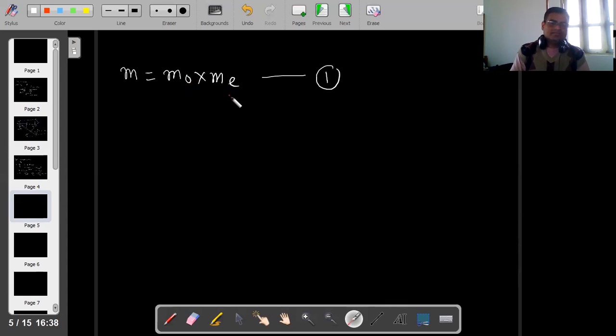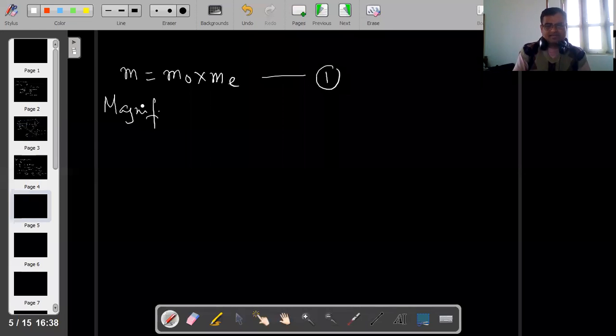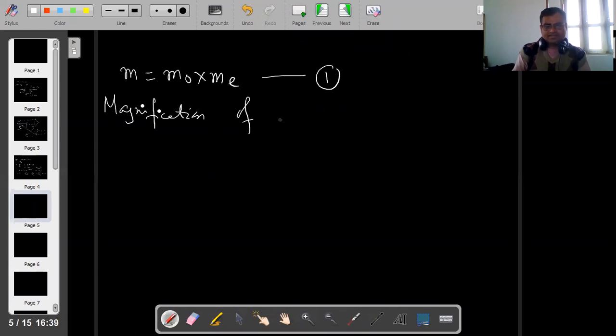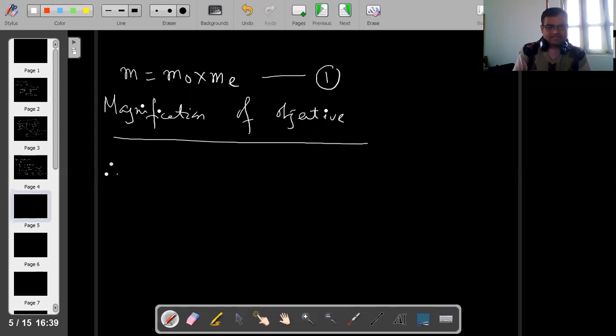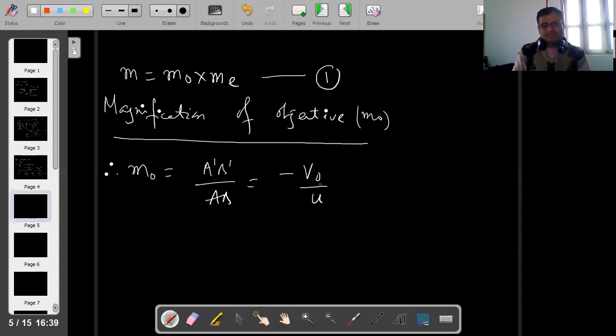Now I have to find the magnification of the eyepiece and the magnification of the objective. Write down: magnification of objective. Objective means objective lens. Magnification of objective, MO, is A dash B dash by AB, that is minus VO by UO, where VO is the image distance of the objective and UO is the object distance of the objective.